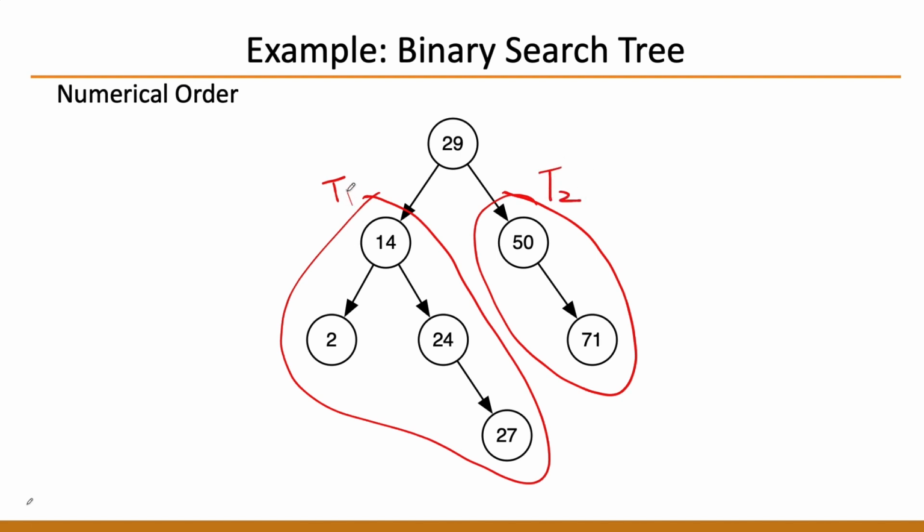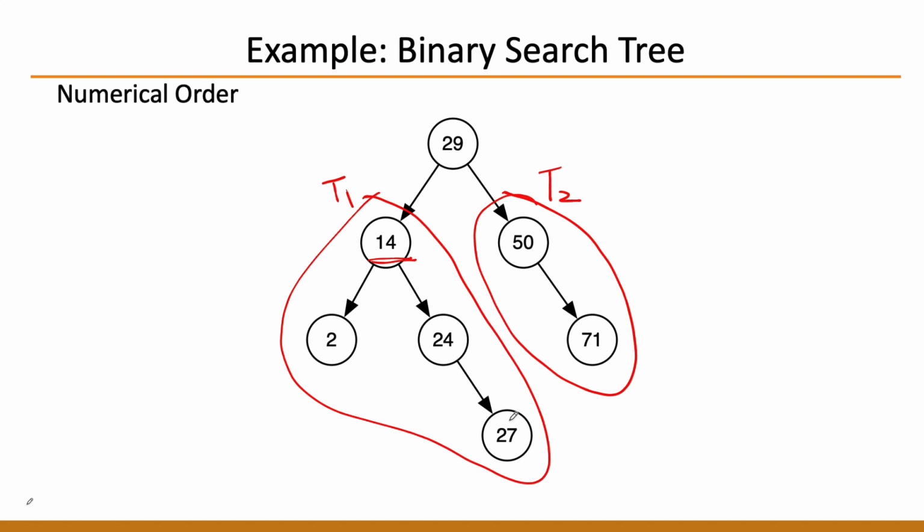All the values inside T1 should be smaller than the root value, and all the values in T2 should be greater than the root value. This property is defined recursively, which means that if you look at T1, the same principle is applied to its root node again. This 14 in T1 will be greater than everything to its left-hand side and smaller than everything to its right-hand side, and you do this recursively. If the whole tree satisfies this, then we say that this binary tree is a binary search tree.